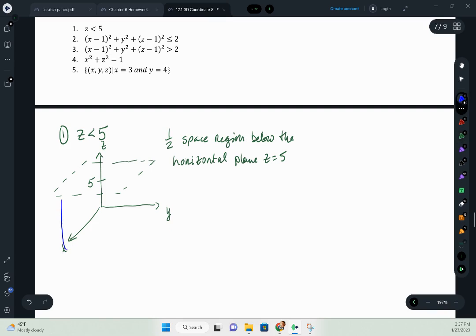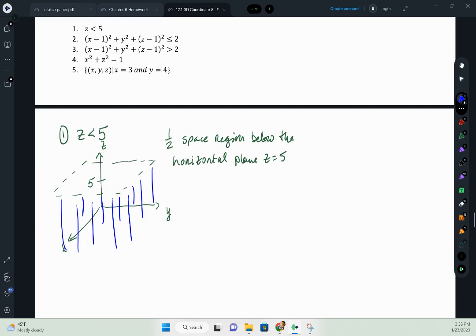The space below this, that's about as good as I can do. Not looking for perfection here, just a rough idea. The point is, though, that I did not include the plane Z equals 5. I just filled in the space below it. All right, next one. It looks like I have an equation for a sphere.